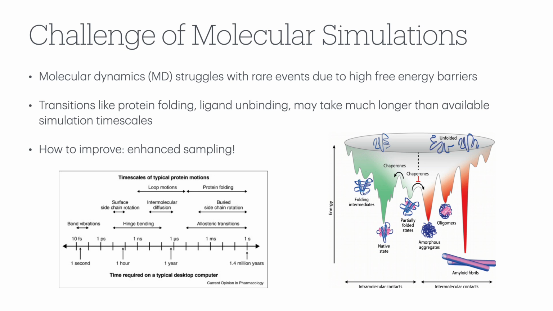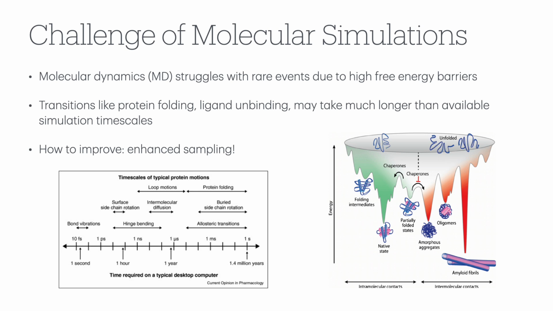Additionally, transitions like protein folding and ligand unbinding, these interesting transitions that we're trying to investigate for all sorts of purposes, may take much longer than the available simulation timescales. When we're working with molecular dynamics, our time steps are usually on the order of femtoseconds.